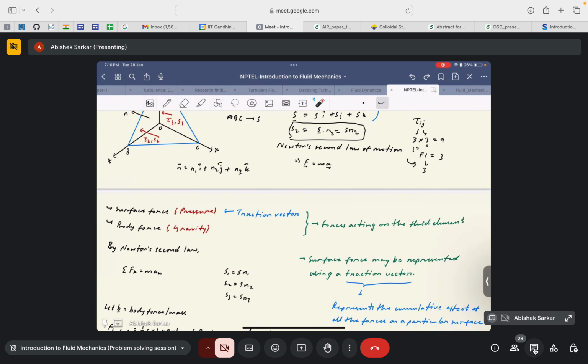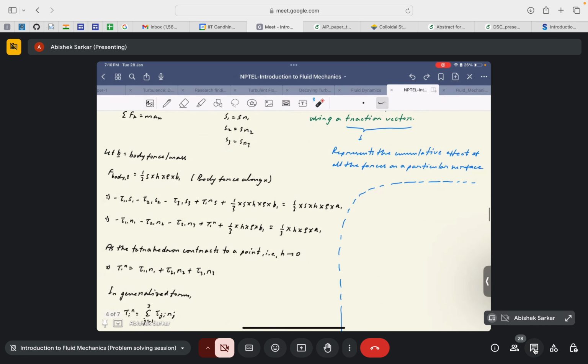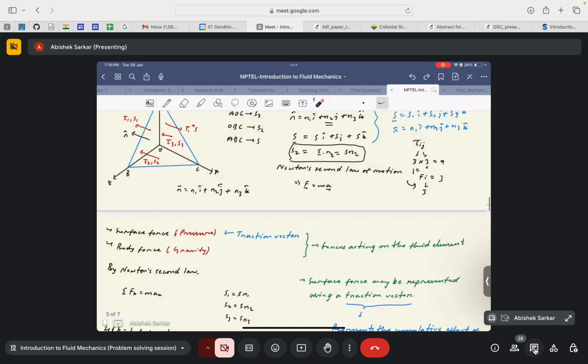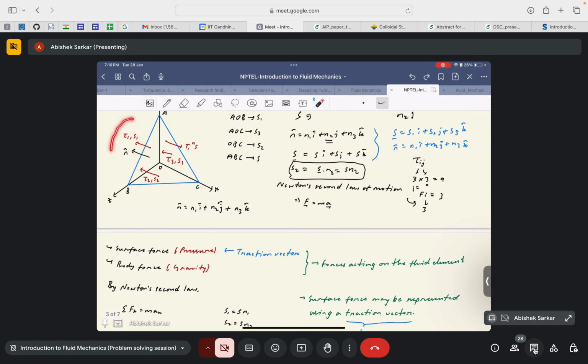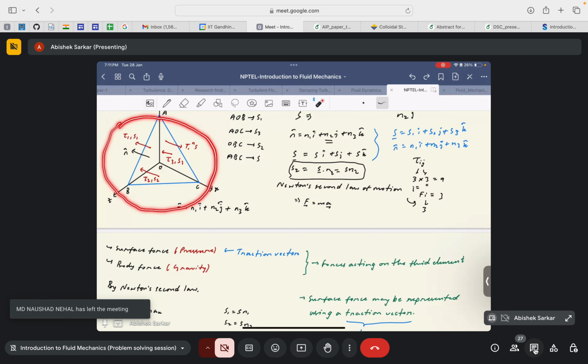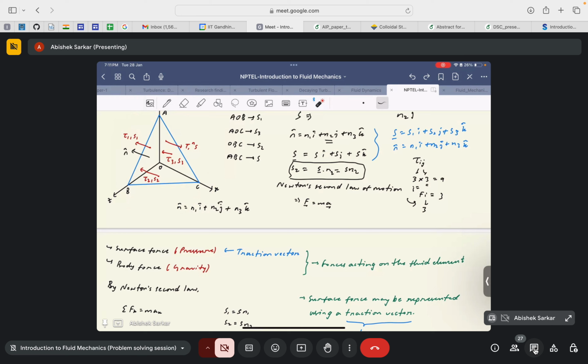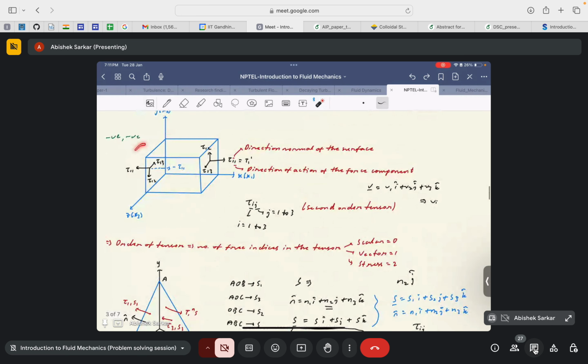Okay, then just doing a force balance along the x direction. Here we are taking the contribution of these stress components along the x direction only. So that's what is shown here. For the sake of saving time, I'm not going to explain how it was done, because you can find it if you have properly understood the sign convention of the stress components in this scenario.